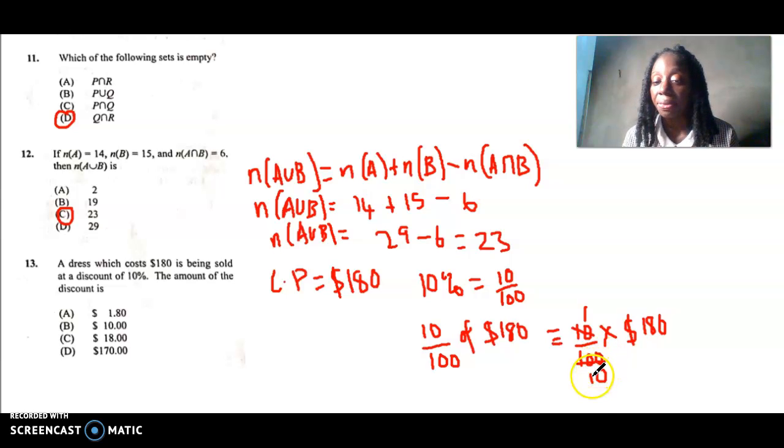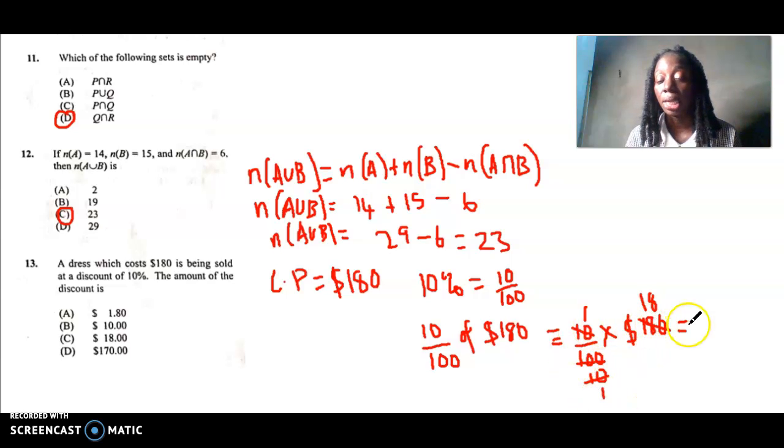Now, if I look at this new denominator of 10 and this numerator of 180, I can also find more than one common factor, but this time I'll be using 10 once more. So I can get one group of 10 from 10, and I can get 18 groups of 10 out of 180.